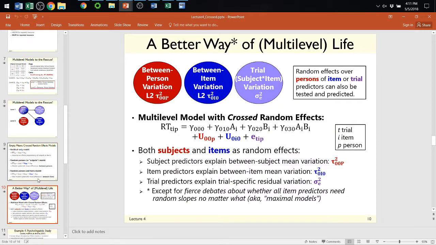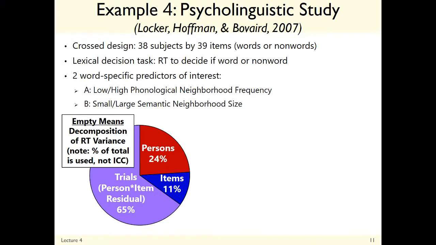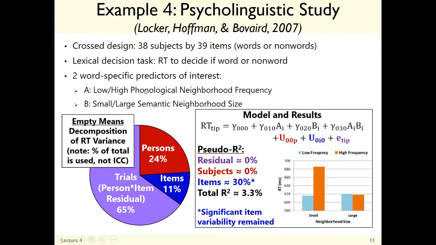So in Larry's story here, for instance, let me go back to this picture. What if some people were, let me see, get the direction right here. What if some people were slowed down more by having a low frequency word than a high frequency word? Yeah, low frequency is here, high frequency.